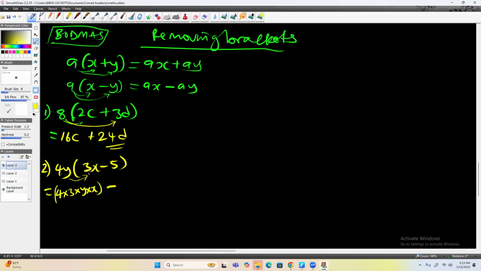Minus, into the bracket, 4 times 5 times what? y. Are you seeing it? So 12yx. Okay? Then minus 20y. Though in math, we like to arrange this. In the alphabet, x comes before y, right? So we say 12xy minus what? 20y.